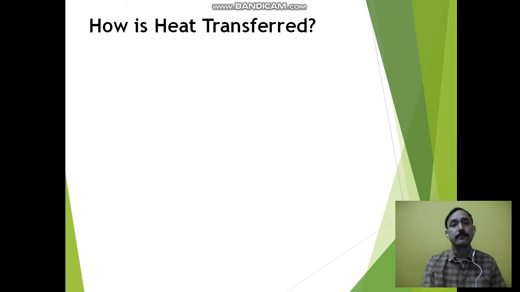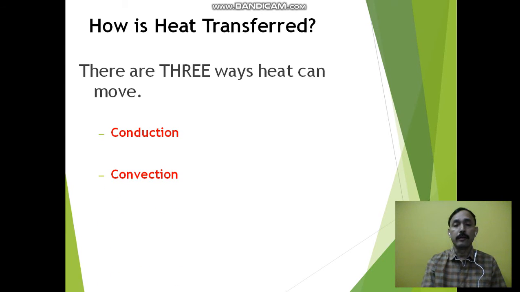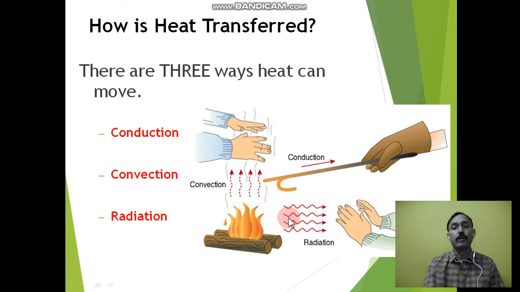How is heat transferred? There are three ways heat can move. Already I have discussed: number one, conduction, then convection, then radiation. When the object is burning, say this iron rod is heated, this part becomes red hot, and this end becomes heated. This is conduction, although it is far apart.